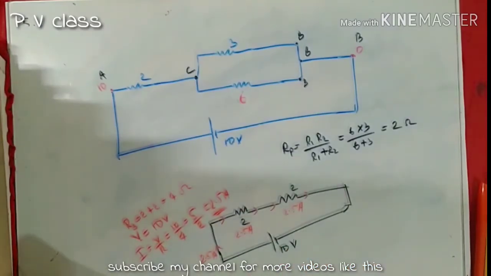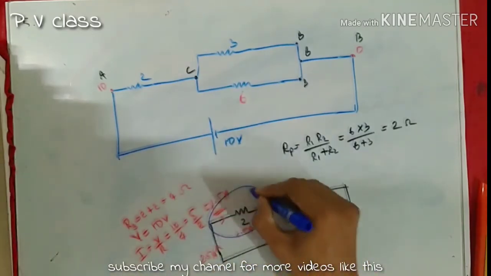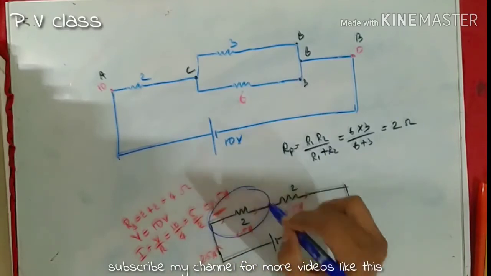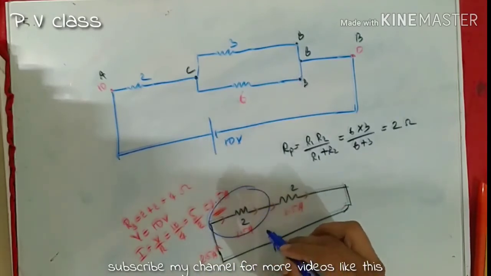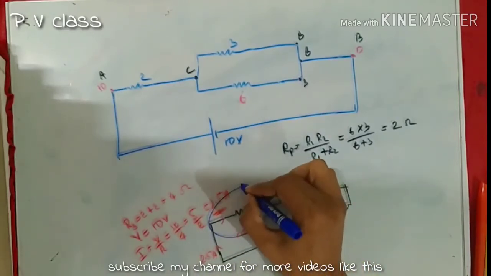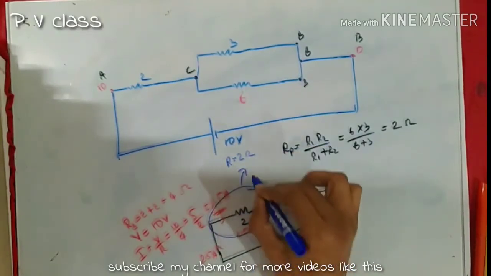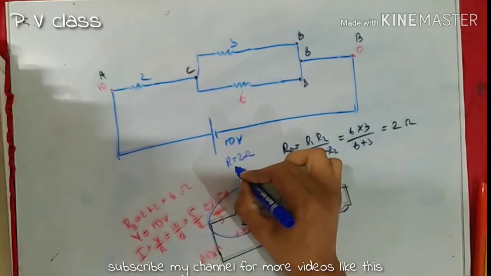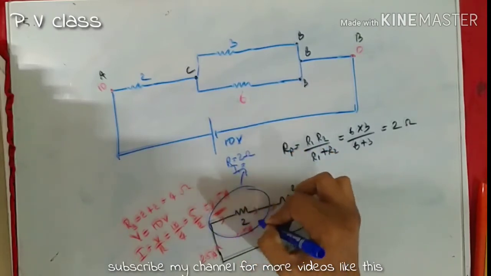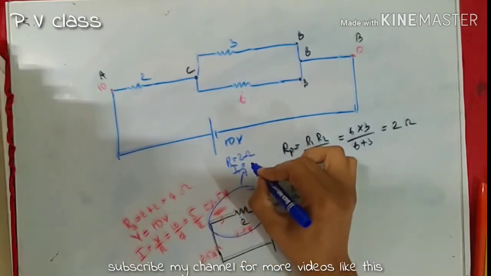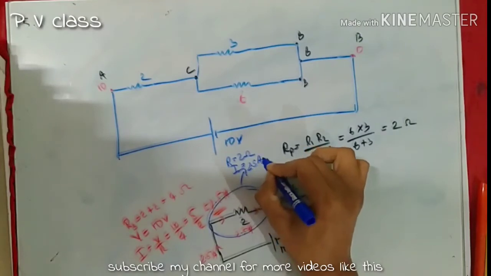Then you just focus your attention over this 2 ohm resistor. In this 2 ohm resistor, what is the resistance value? In this case, R is equal to 2 ohm. Clear? And what is the current flowing through this 2 ohm resistor? It is 2.5 ampere.